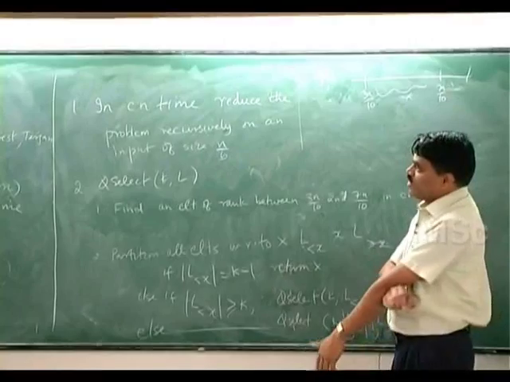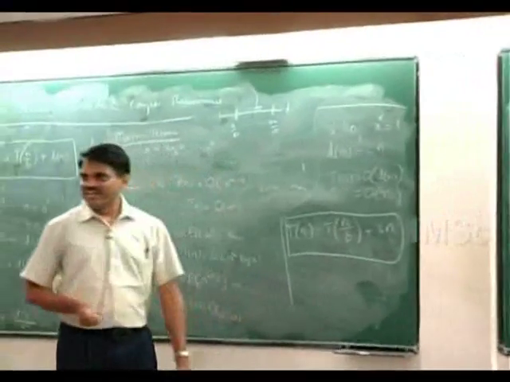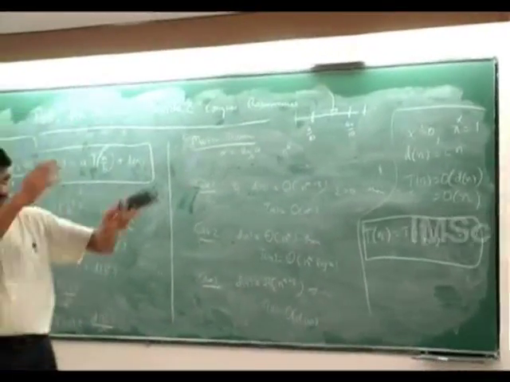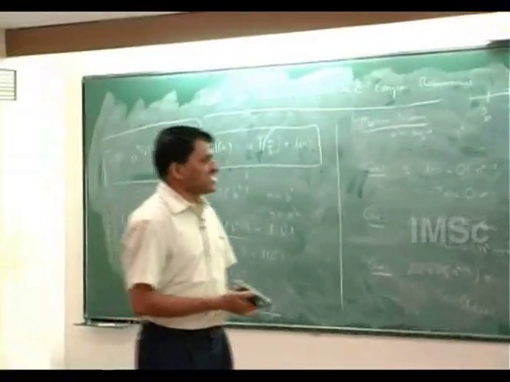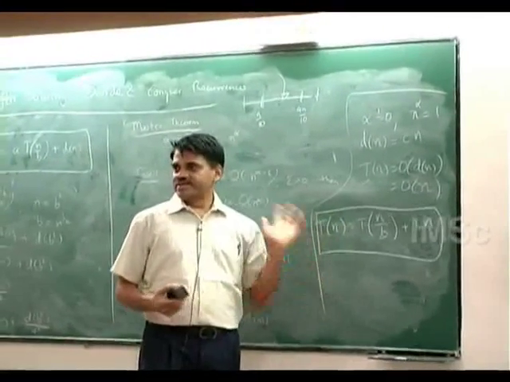So they went back and looked at this recurrence again. This recurrence doesn't give me a linear algorithm. But let's see, can I extend this recurrence and still achieve linear time?